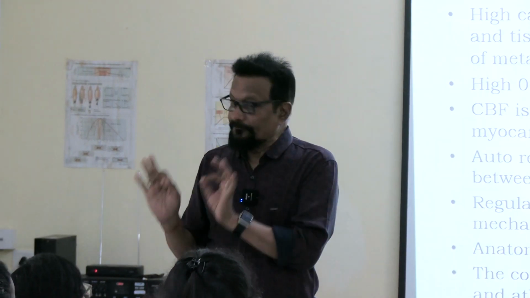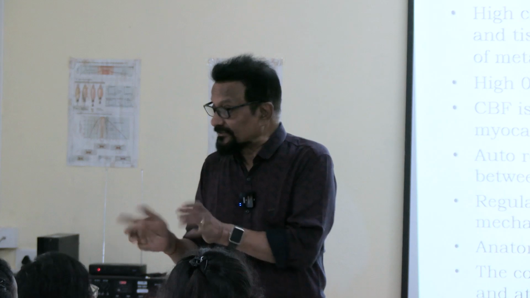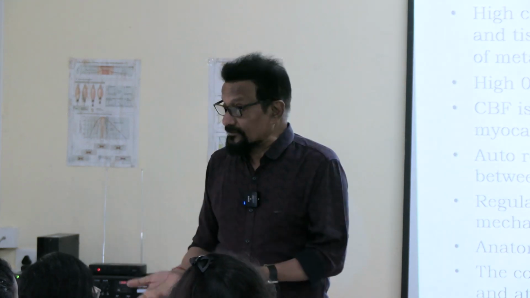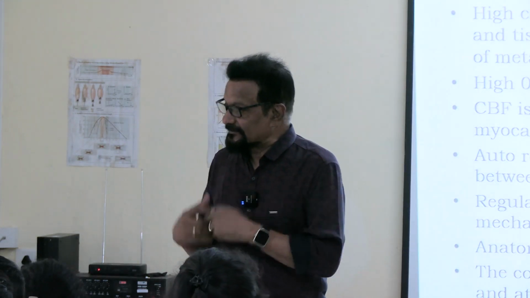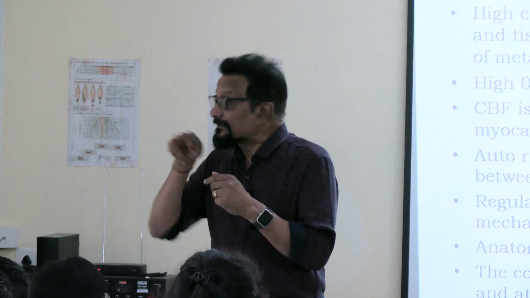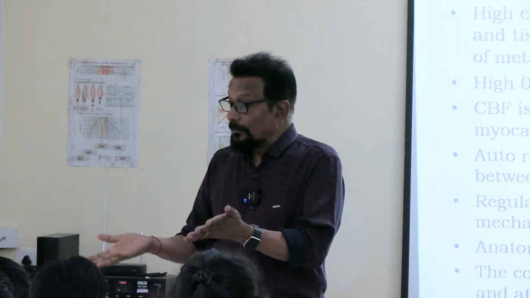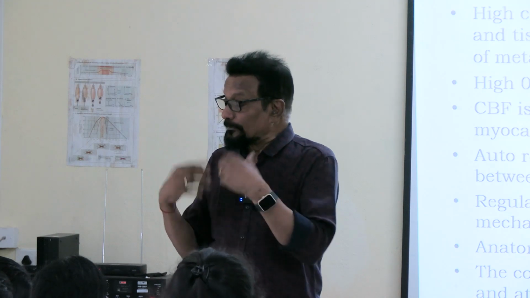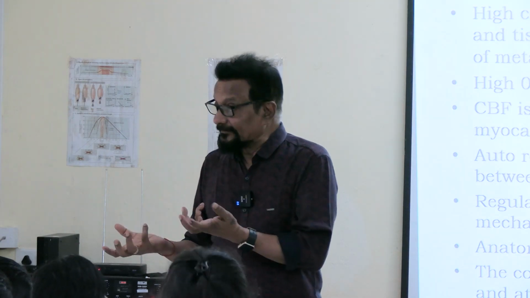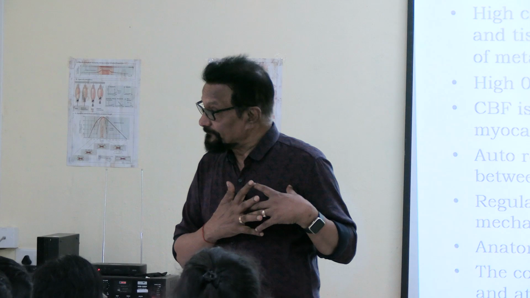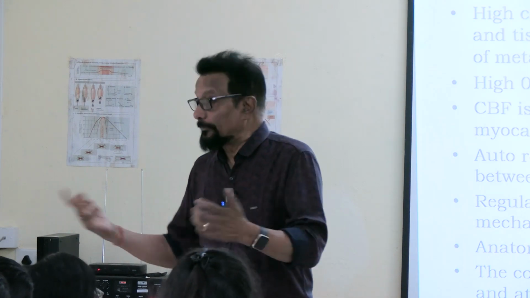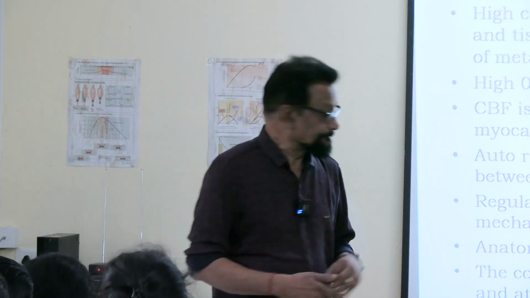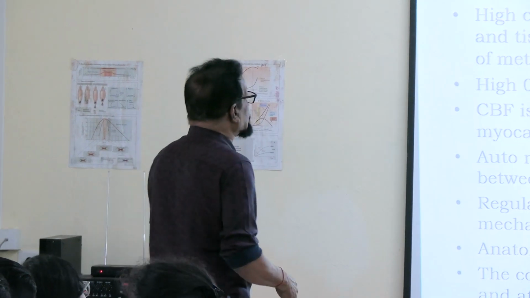But if they are present anatomically, they are not functional. They become functional when the heart muscles are in crisis, when there is less blood flow and less supply of oxygen, that means they are experiencing ischemia. At that time they may become functional. So you understood the second point?